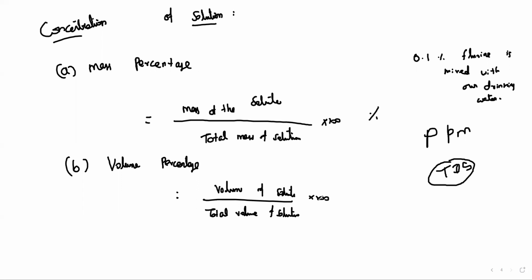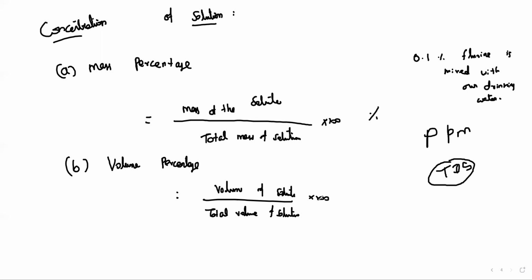For example, if they say 10% ethanol solution, that means in 100 ml of solution you will have 10 ml of ethanol. 10% means 100 ml of entire solution, 10 ml will be the ethanol. So that is called 10% ethanol solution. And ppm, the third one, C.